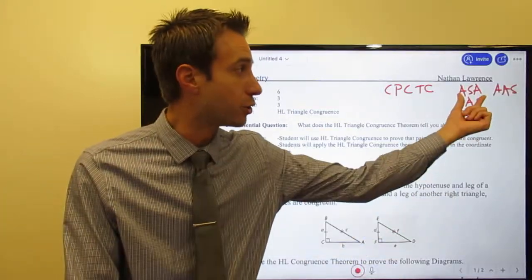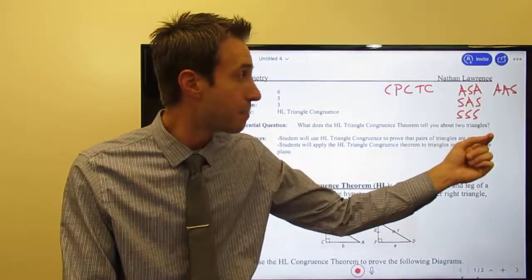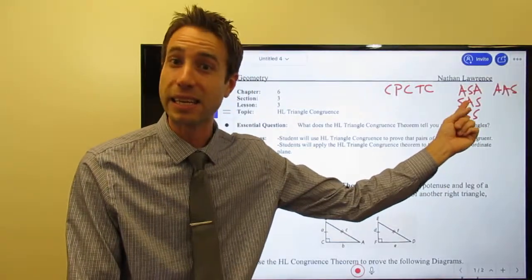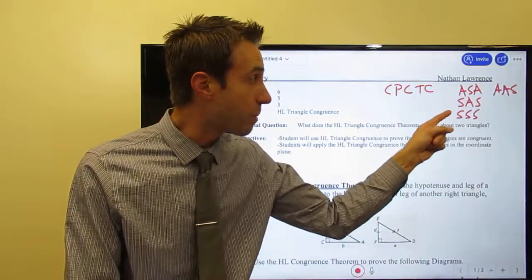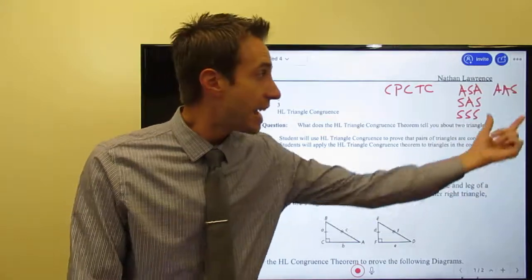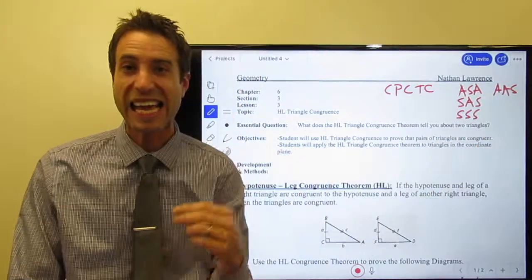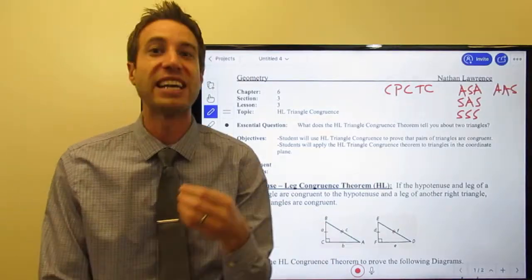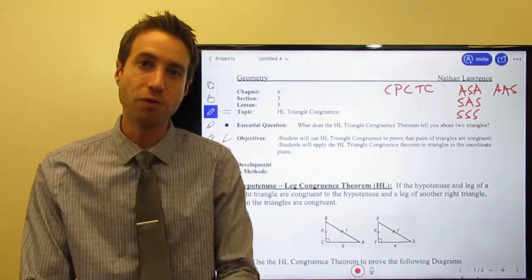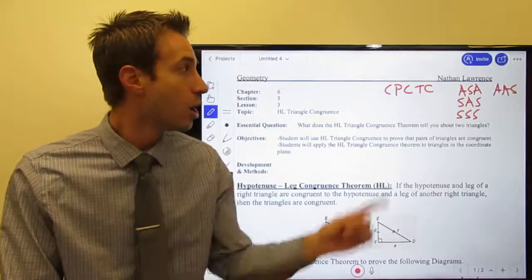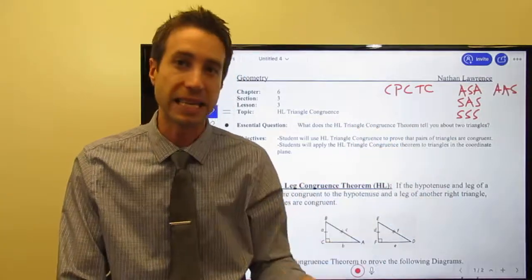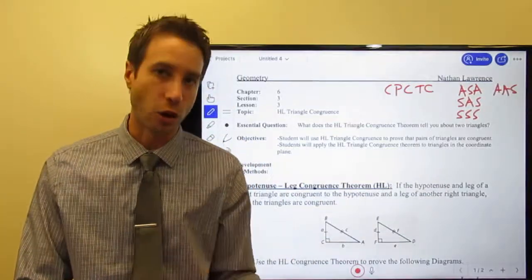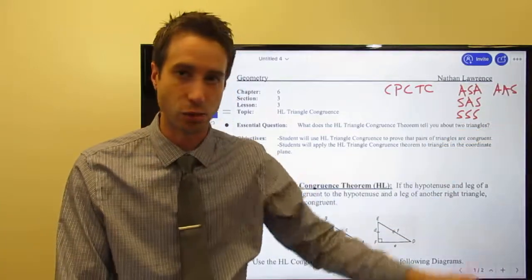In this one, prove 2 angles and an included side. This one, prove 2 sides and an included angle. In this one, prove all 3 sides. And in this one, prove 2 angles and a non-included side are congruent. If you can do that, that is enough to prove that the triangles are congruent without having to do CPCTC, proving all 6 things. These are our nice little shortcuts.